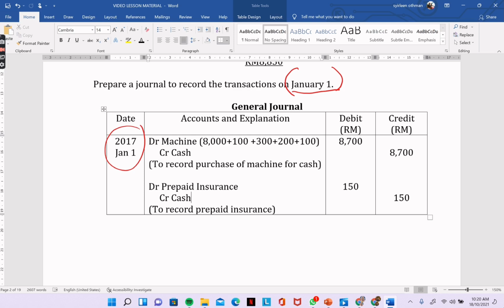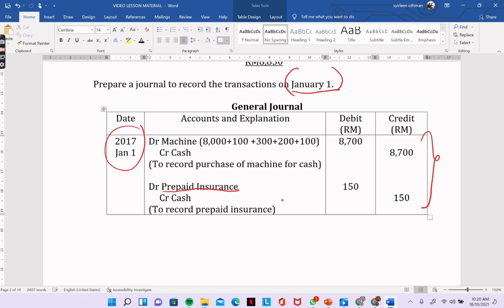And we all know, as we already learned in topic 5, insurance is actually an expense that you will pay in advance. It will expire during usage or time, so we will debit prepaid insurance, and then we'll credit cash. So these two events are the transactions that you need to record on 1st January.